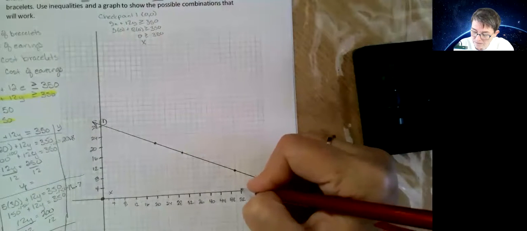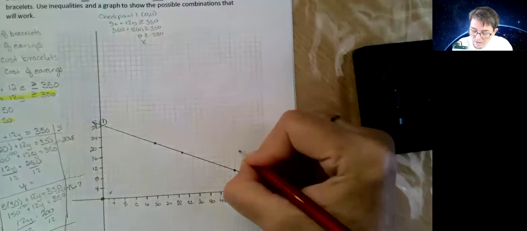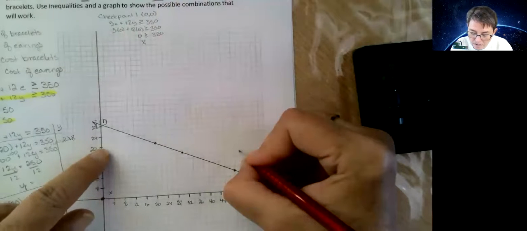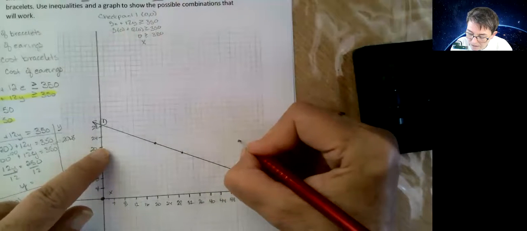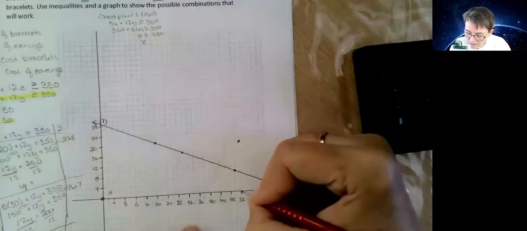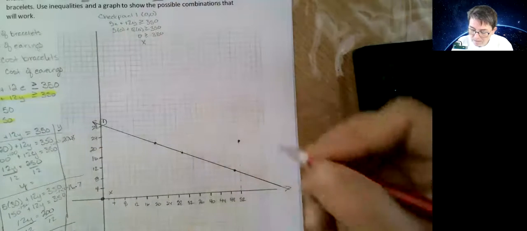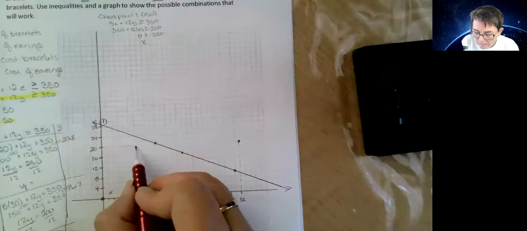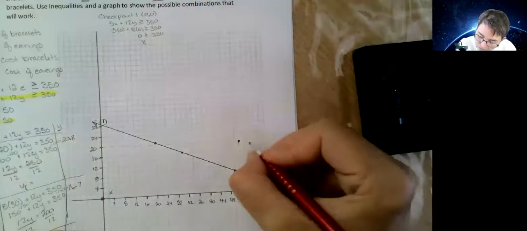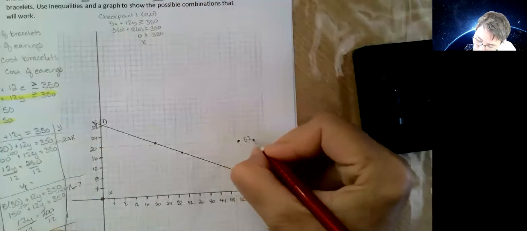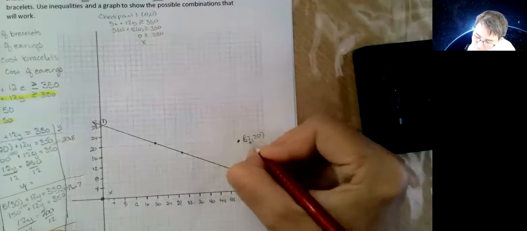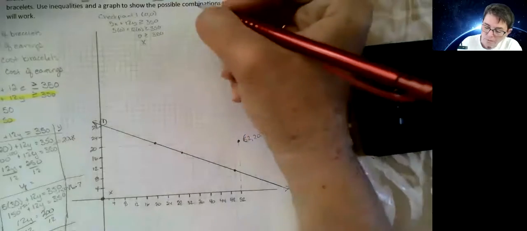All right. Let's go this way, go 52, and whatever this one is. Well, if I go up to there, that's 52 by 20. So checkpoint, second one.